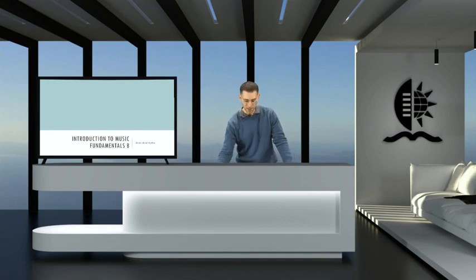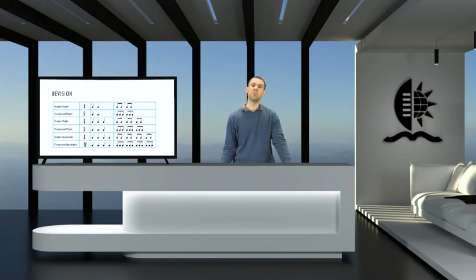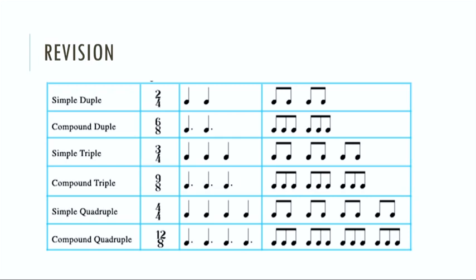Now, last semester we learned some things about rhythm, but only for a particular set of time signatures. So I'm putting up some revision on the screen at the moment. If you look at the screen, you'll see I've listed all the time signatures that we learned, the ones that were in simple time and the ones that were in compound time. A reminder that in simple time, the pulse divides into 2 beats, but in compound time, the pulse divides into 3 beats.